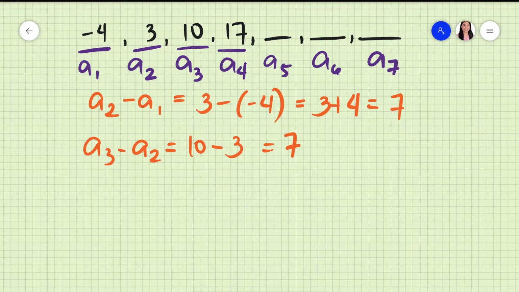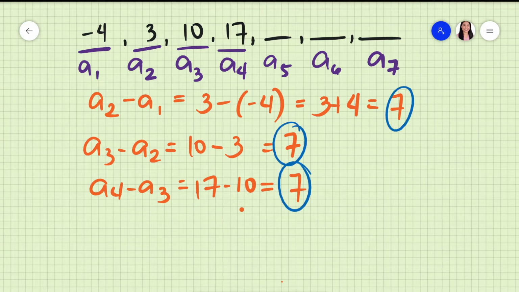And lastly, for the set of consecutive terms, subtract a sub 3 from a sub 4. Let a sub 4 be equal to 17 minus the value of a sub 3, which is 10. Perform the indicated operation. 17 minus 10 is equal to 7. Because there is a common difference between the consecutive terms, which is 7, the sequence is arithmetic.